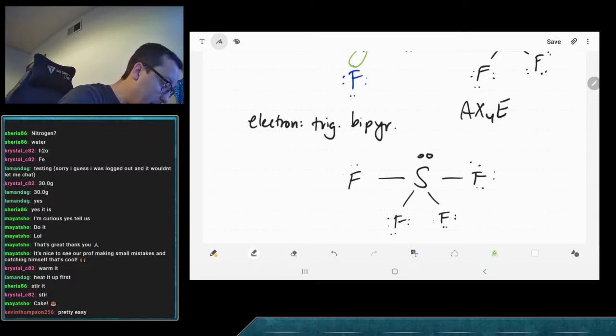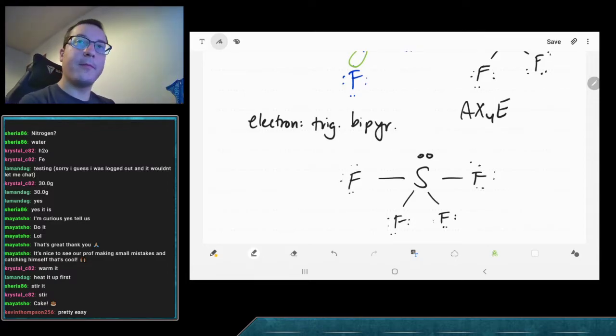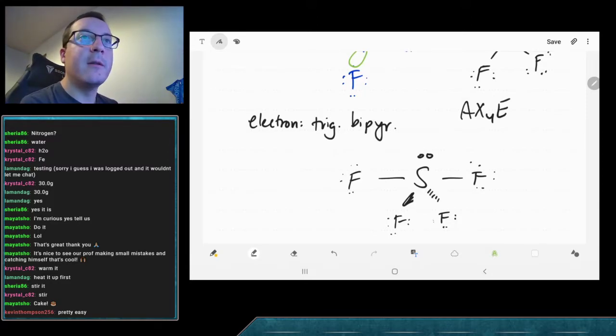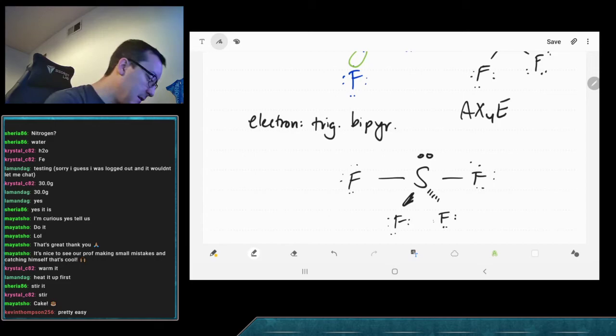What do we think the bond angle is going to be on the top of that molecule there? Oh, I see what's happening. Technically, one of these is going to be in and out, just like before. Okay. What do we think the bond angle is going to be over here?